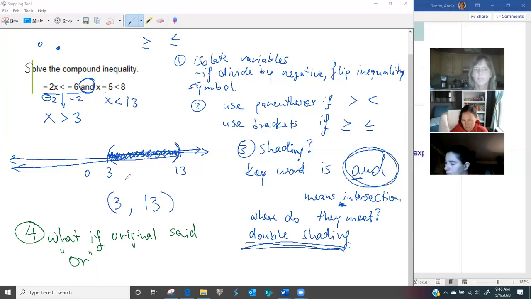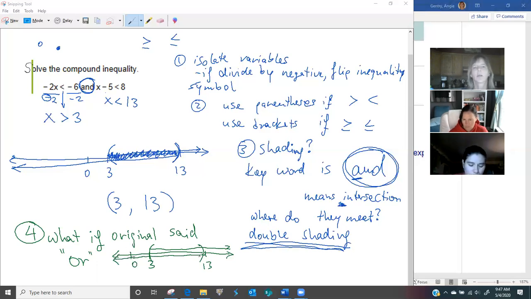I have a 0, I have a 3, and here's your 13. None of that changes.